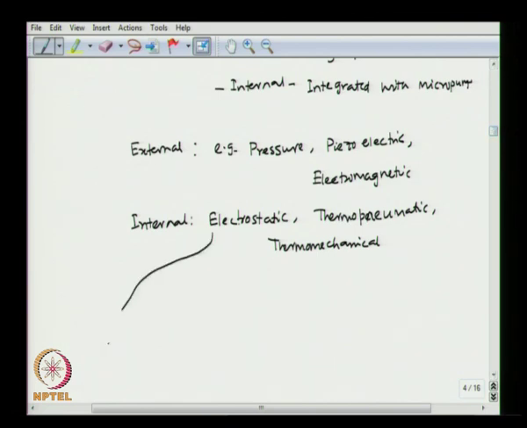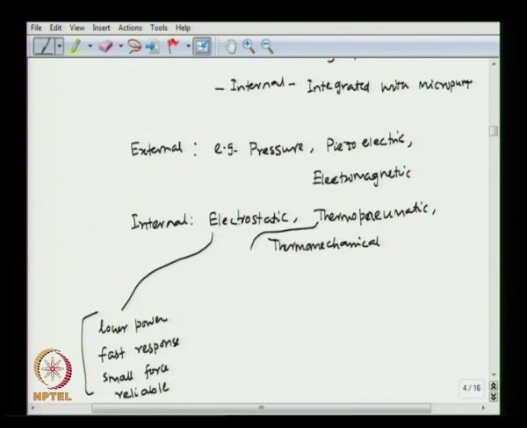Electrostatic, for example, requires lower power for operation. They have fast response, however the force that they exert is relatively small, and they are also reliable. So these are the characteristics of electrostatic based actuation.